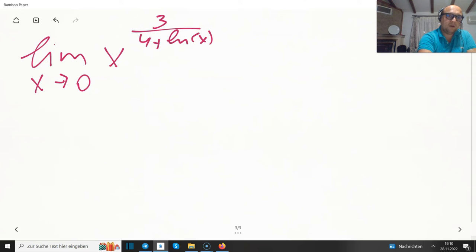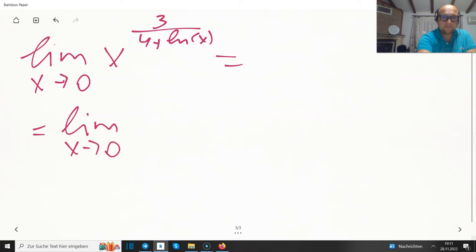I don't see how I have to use L'Hopital somehow. Well, let's rewrite it maybe. Let's see. So this is a limit as x tends to 0, assuming of course I wrote the question correctly, but I hope that's the case.